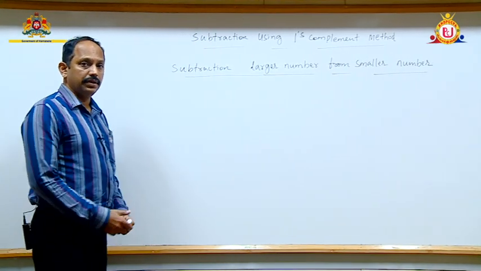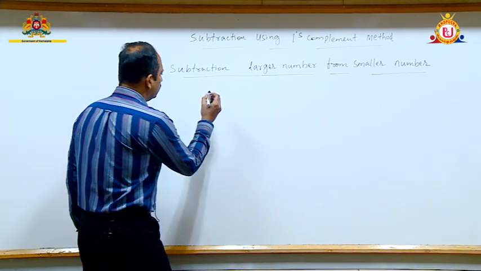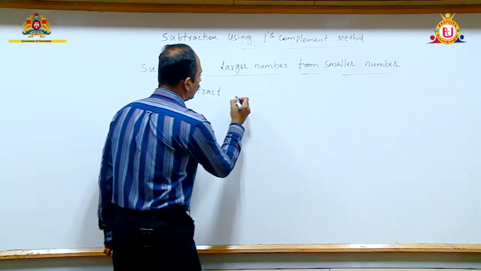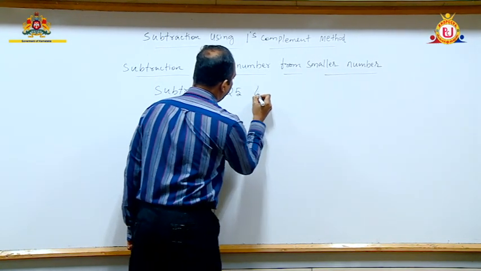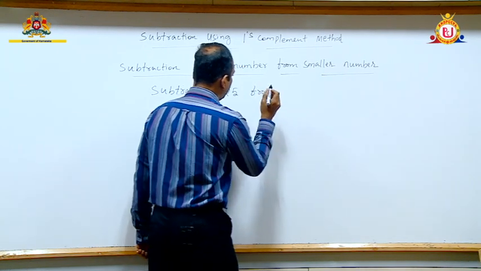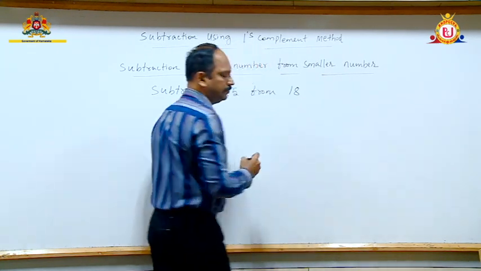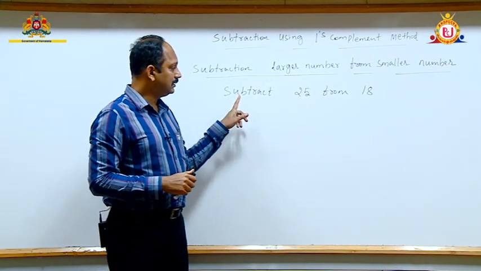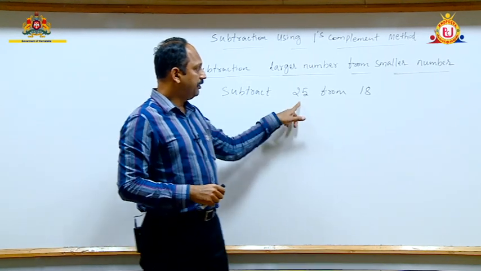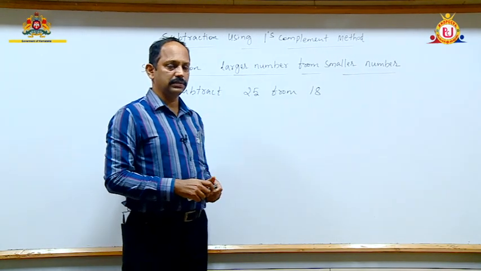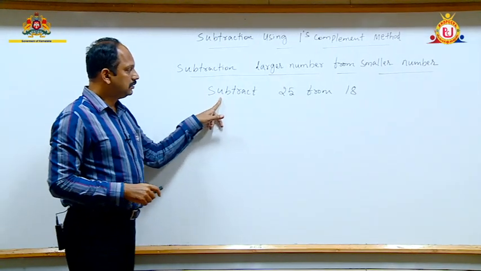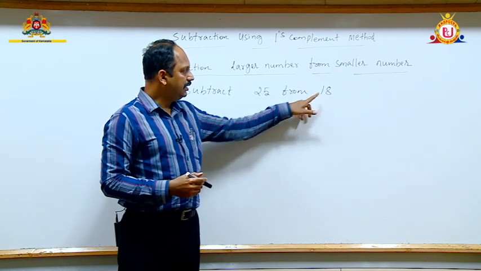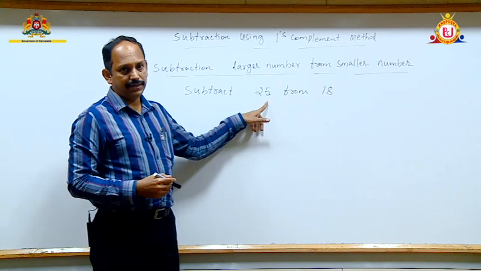Now, take a number here, for example, subtract 25 from 18. If the question appears like this, first we have to carefully understand it and write the 25 and 18 in the proper places. Subtract 25 from 18, so 18 will be written on top of 25.